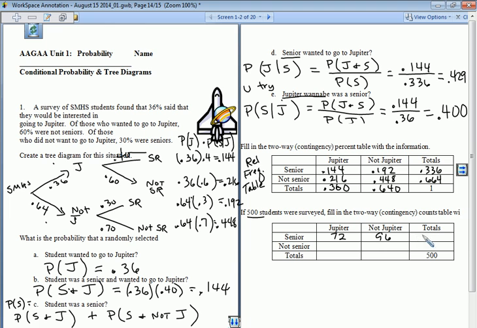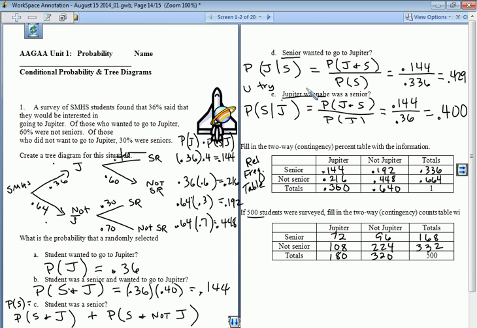The 0.336 times the 500 would give us 168. And then this would give us 108, 180, 224, and 320. And this is 332.